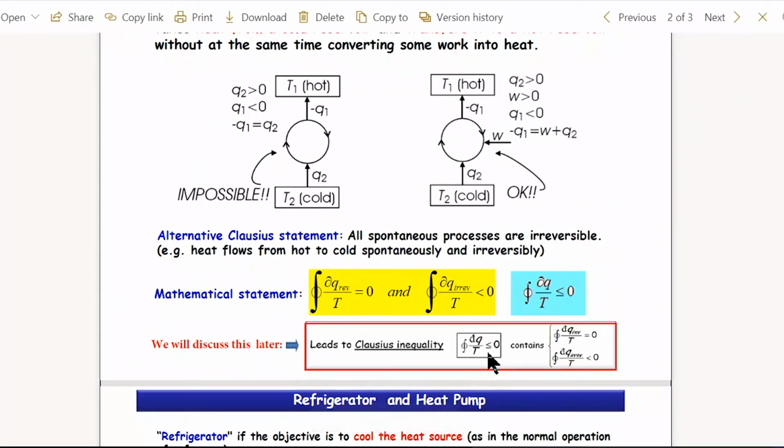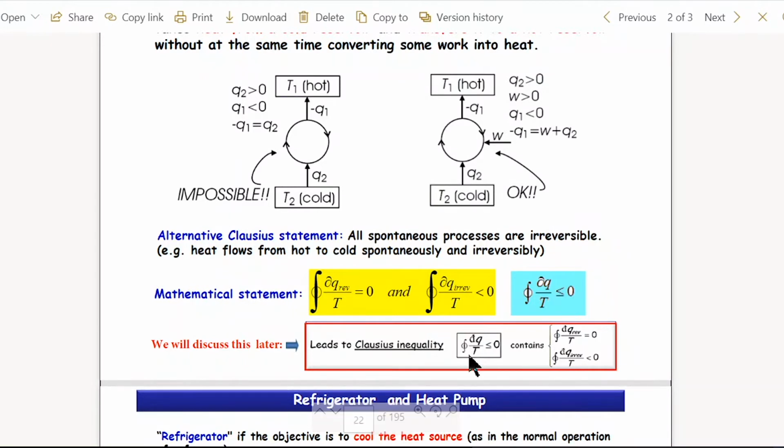It becomes equal to 0 when it is reversible, and it is less than 0 when it becomes irreversible. So whenever we are talking about dq by t without a subscript of reversible or irreversible, you have to understand that dq by t is actually a combination of dq reversible by t plus dq irreversible by t. So dq reversible by t is always going to be 0 and dq irreversible by t is going to be less than 0.